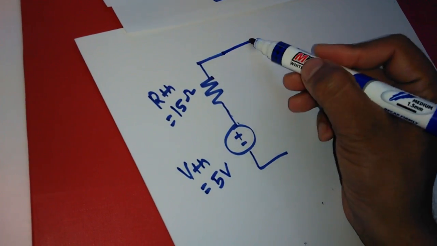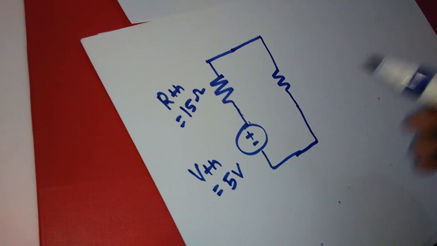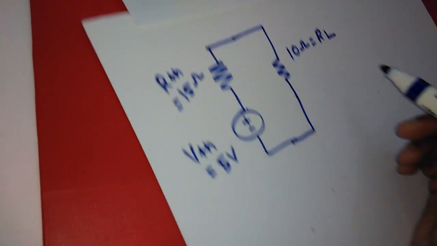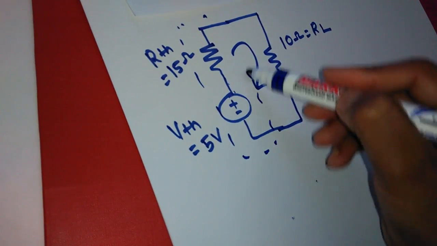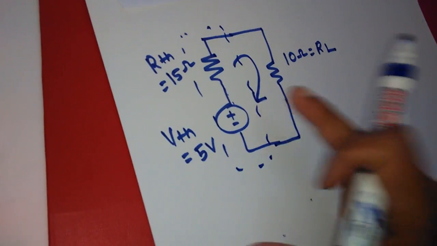Now we have to reconnect the load. Whatever load is there in the circuit, 10 ohm, we again reconnect in the circuit. So this is the Thevenin model, and this circuit is simply reduced to this circuit.